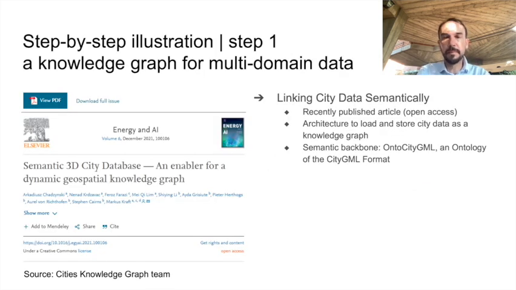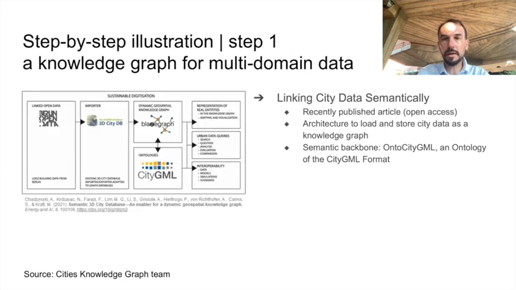Let's discuss the city's knowledge graph concept step by step with examples. First, we need to develop the data architecture for the city's knowledge graph. This work has been published recently in an article on the left, demonstrating our first CKG architecture. The architecture allows us to load city data into a graph database or a knowledge base, in this case, using the platform Blazegraph.